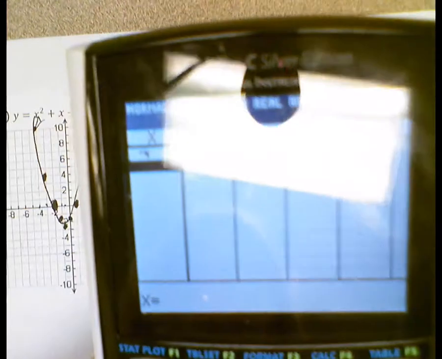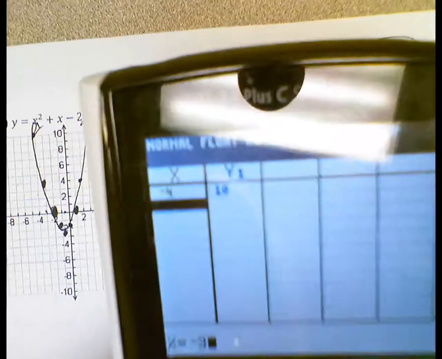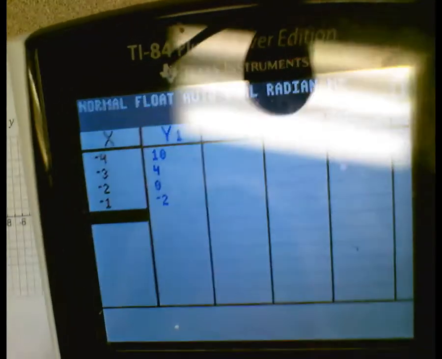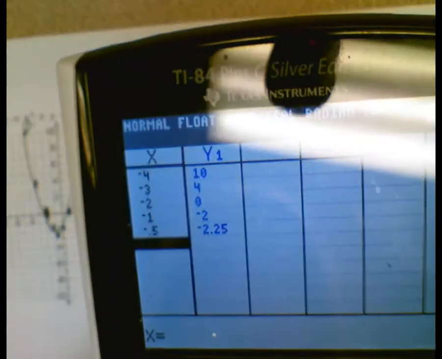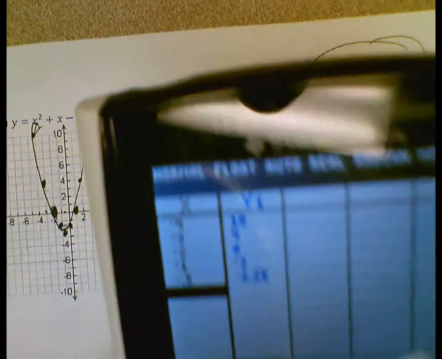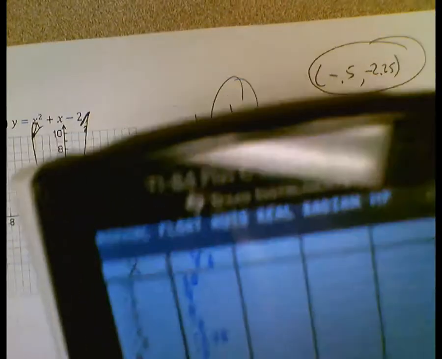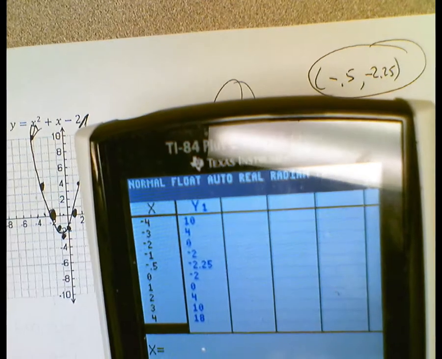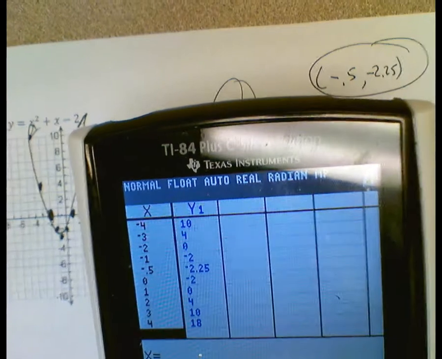So I could type in -4, -3, -2, -1. And then remember that negative 0.5? Watch what happens when I type in negative 0.5. It actually gives me my answer. Then you can type in 0, 1, 2, 3, 4. And those are all the points that you would need on your t-table, including the ugly negative 0.5 one.